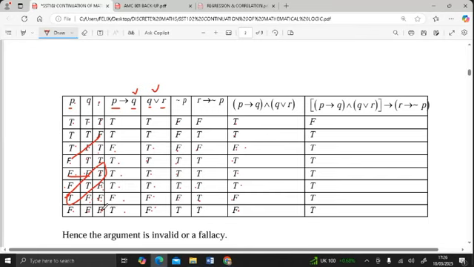True implication true is true. False implication true is true. False implication false is true, which is here. False implication true is true. And that is why we have that.